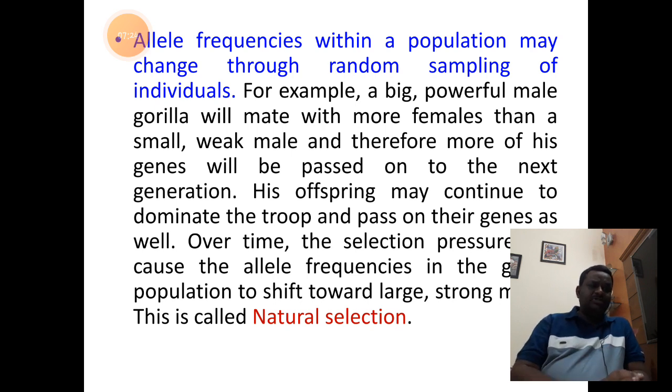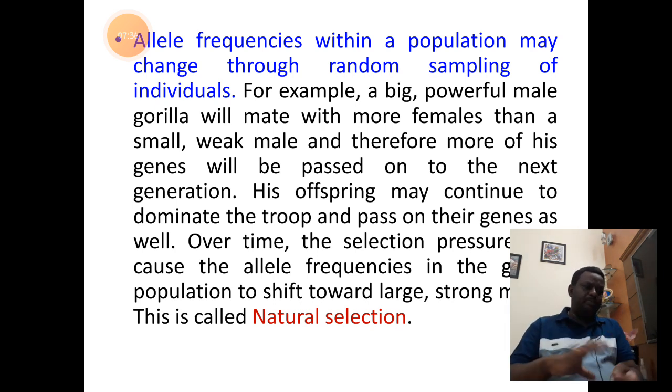Here is an example to cite. If we have a troop of gorillas, gorillas live in groups, troops, where you find hierarchy. Let's consider there is a big power male, a strong male. It will mate with more or all females of the troop, for it is very strong.